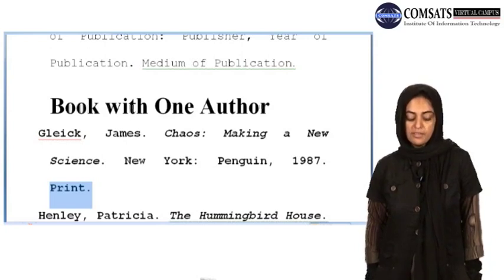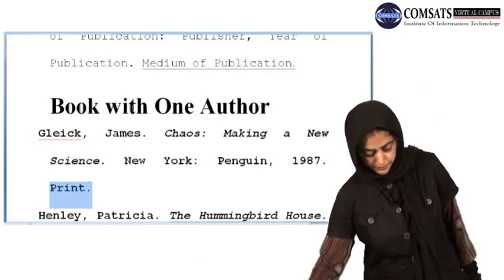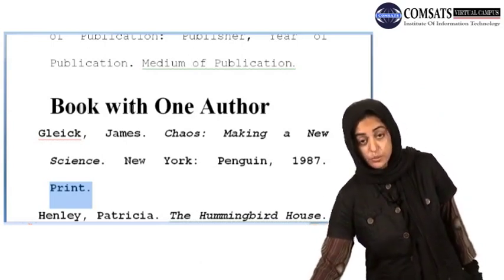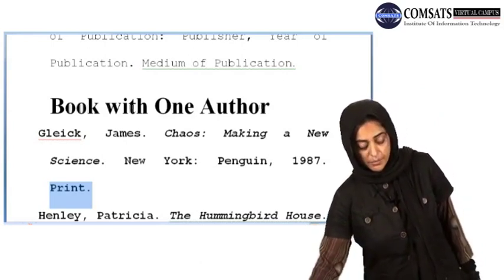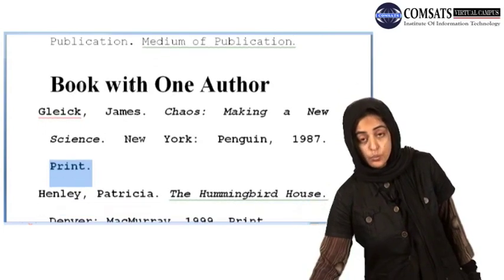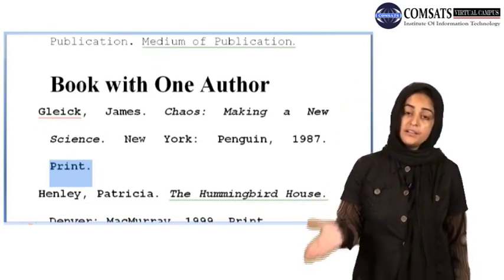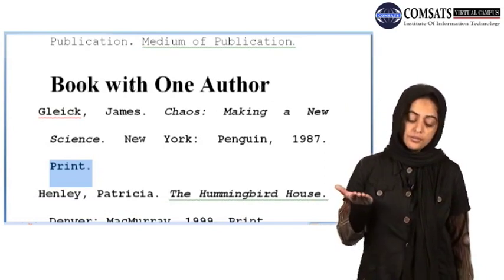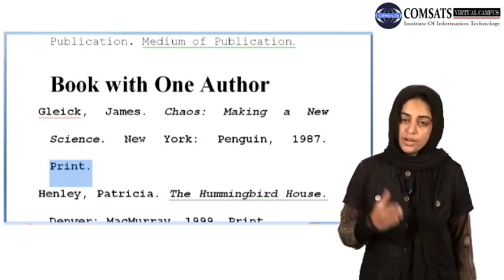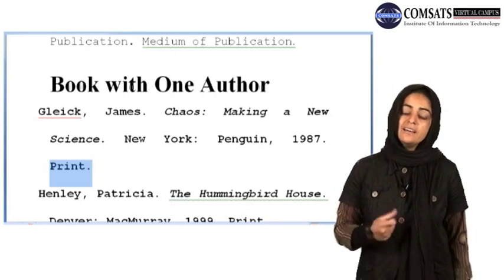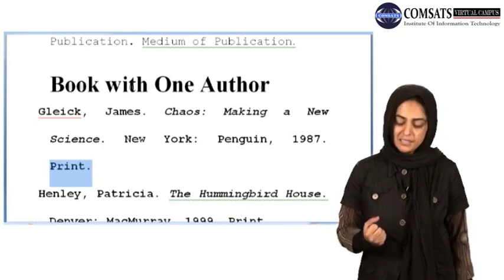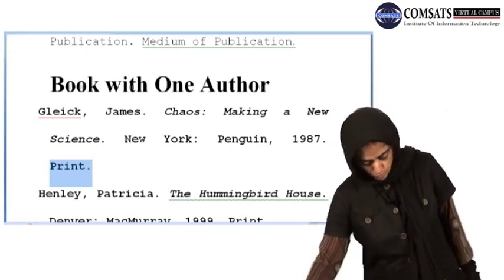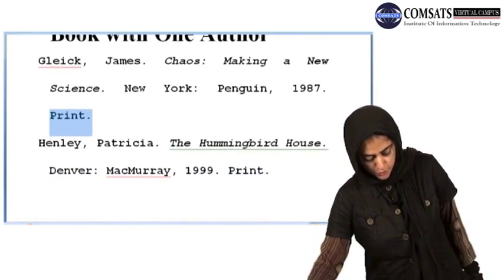It was the book available in print form. We are sharing with each other, dear students, the examples of the books with one author, how to create the references for the books with one author when you are following the MLA referencing style. Okay, the next example, dear students, in front of you.